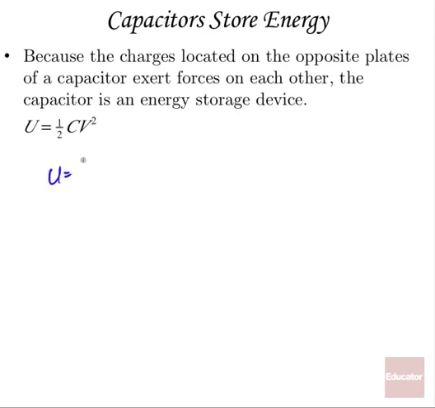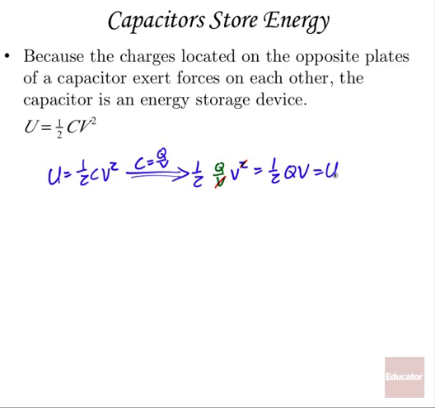If we write this as 1/2 CV squared, well, we also just learned that C is equal to Q over V. So I could write this as 1/2, and I'm going to replace C with Q over V, and I still have a V squared. So I can do a little bit of simplification here. One V and the squared goes away, and we will come up with 1/2 QV, which is also equal to the potential energy stored in a charged capacitor.